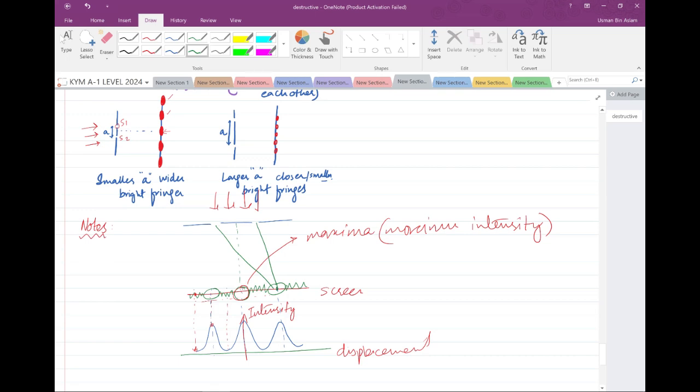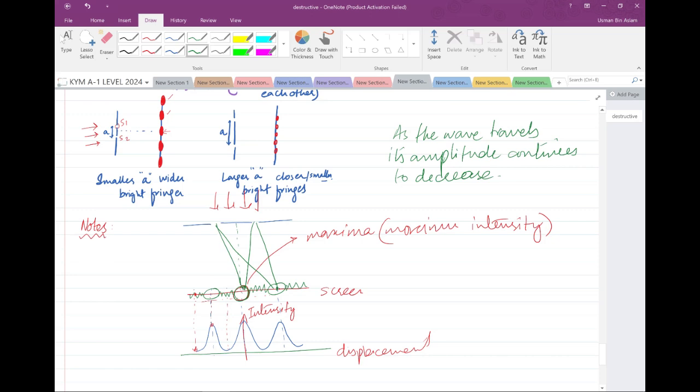So as they reach this maxima, their amplitudes would have decreased further, because we know that as the wave travels, its amplitude continues to decrease. So the maxima or the bright fringe formed at the center is where both the waves will reach and their amplitudes will not have decreased as much.